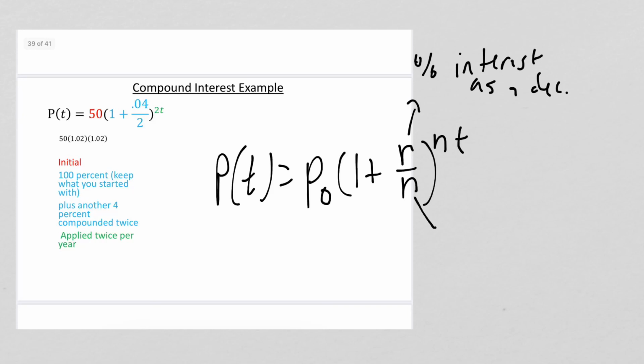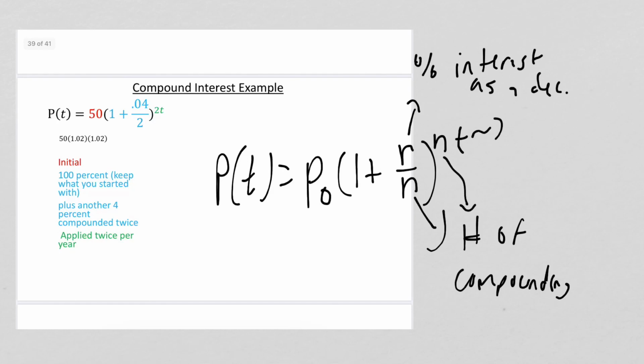Okay, this is our number of compoundings, which also shows up right there in the exponent. Okay, this is our unit of time, which is usually years in problems like this. And then this is our initial amount, which we just call P naught.